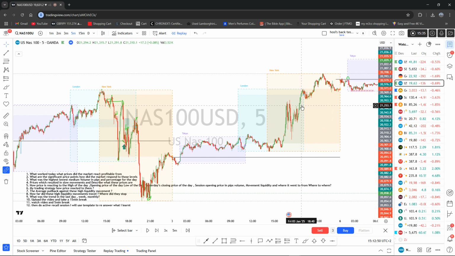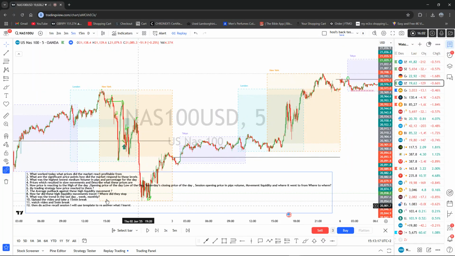It would be slightly less unless I was using M1 entries, etc. And then the pullback was also from the high of yesterday's day and then back to yesterday's New York session opening price, and then price closed at yesterday's high of the day.